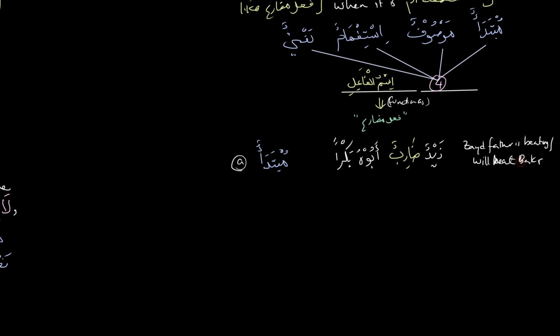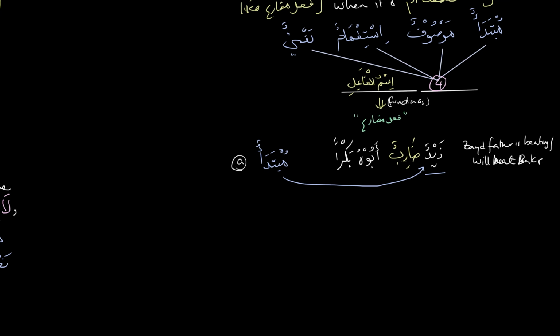Poor Bakr. So now see, Zayd, this is the mubtada. So here we have the mubtada, and daribun is preceded by a mubtada, so it functions as fa'il mudari. Zayd's father is beating, will beat.